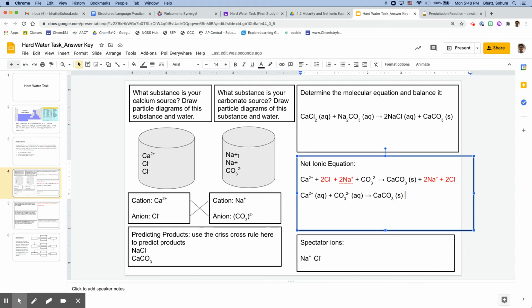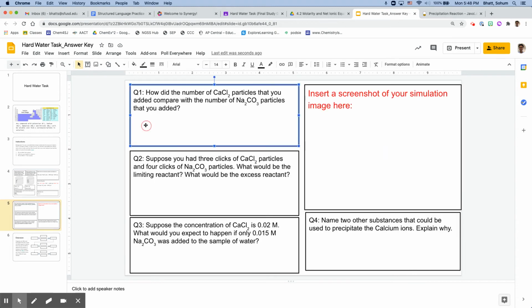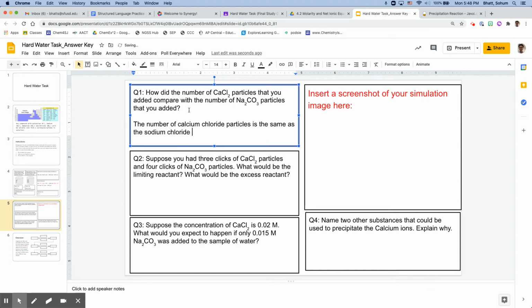And so what you should realize on this slide is that the number of calcium chloride particles is the same as the number of sodium chloride particles. And this is represented in the net ionic equation.